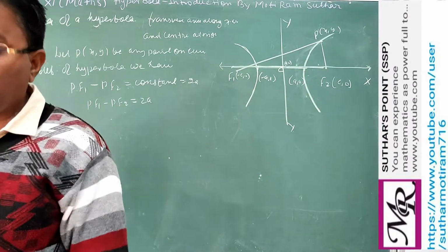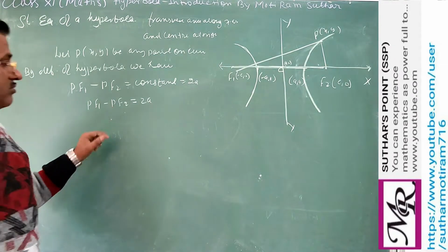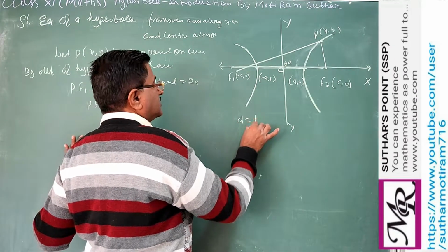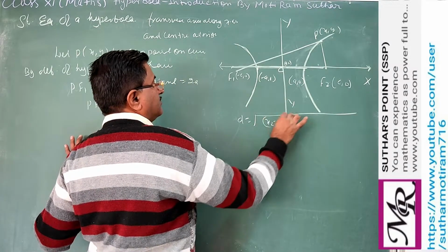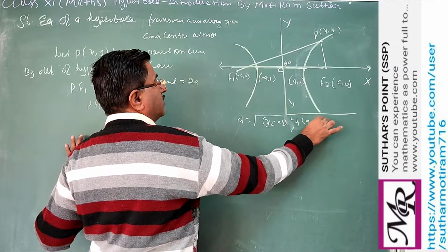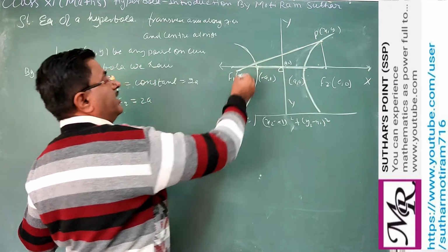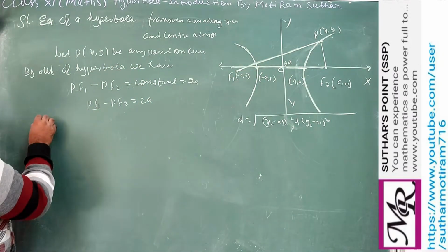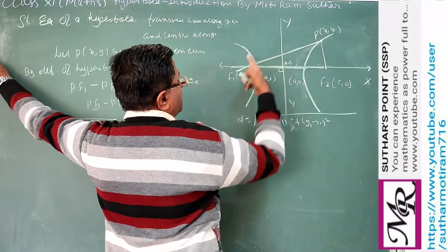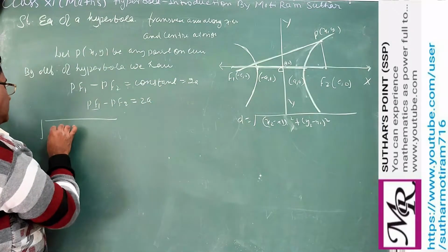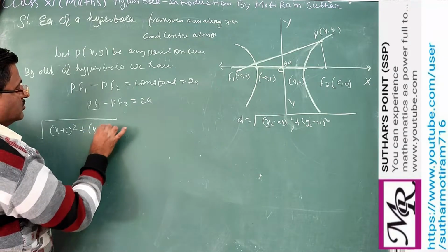Clear? Now using the distance formula, we know the distance formula: root of (x2 minus x1) whole square plus (y2 minus y1) whole square. We want to find the distance of the points P and F1, so root of (x coordinate of P minus x coordinate of F1), so (x minus (minus c)) whole square plus (y minus 0) whole square.